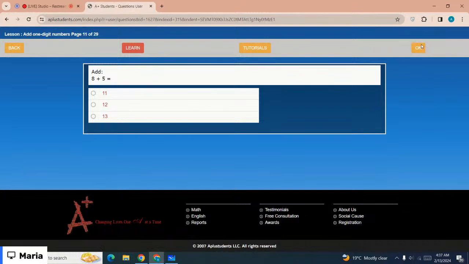Add 8 plus 5 equals, that is 13. 8 plus 5 equals 13 it is, right?